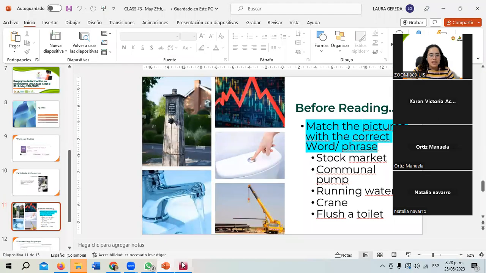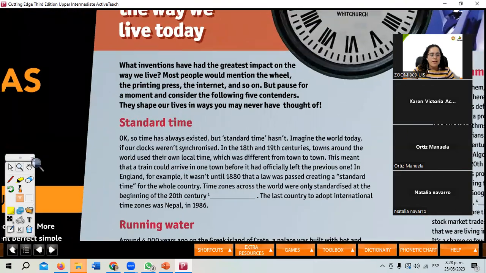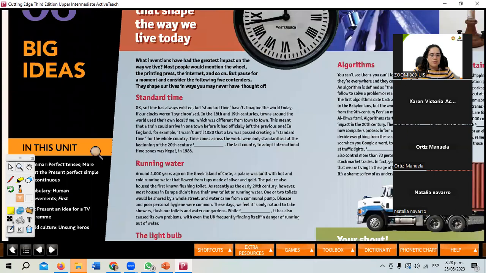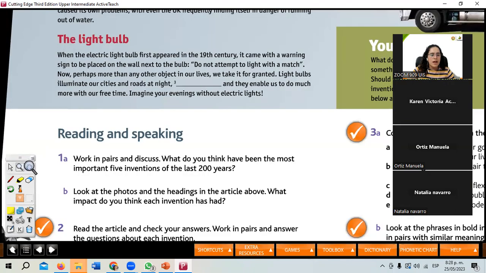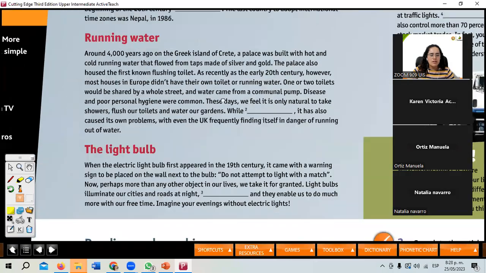So now that we have read the vocabulary, we have some idea. Let's start reading the text, the article. Oops, sorry. Okay. 5 inventions that shape the way we live today.